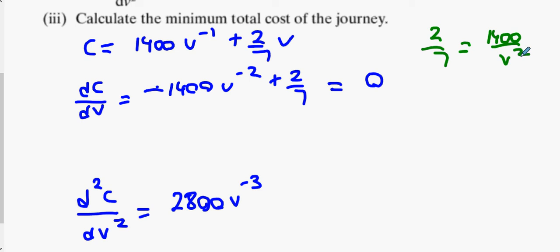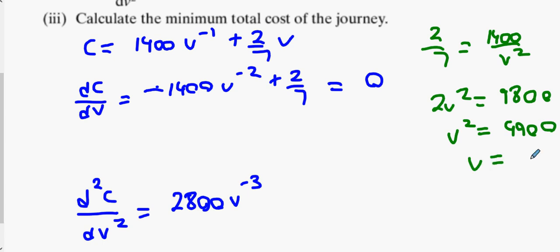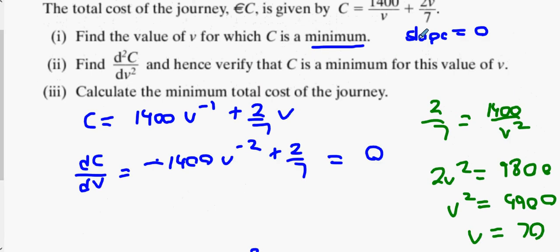What location will I bring it to? 7 times 1,400 or 1,400 times 7? 4,900. Sure it is, yeah. Divided by 2. Square root it. We kill. v is 70. And that is the answer for the first question.